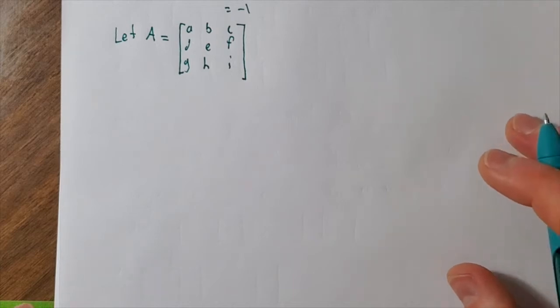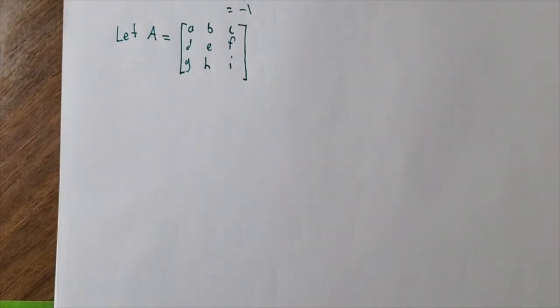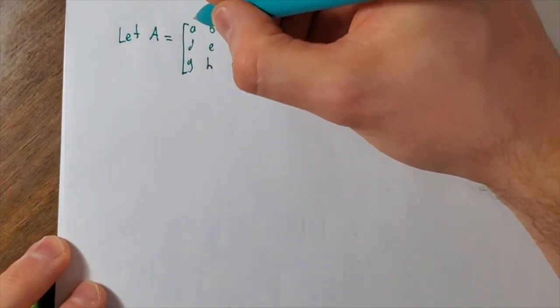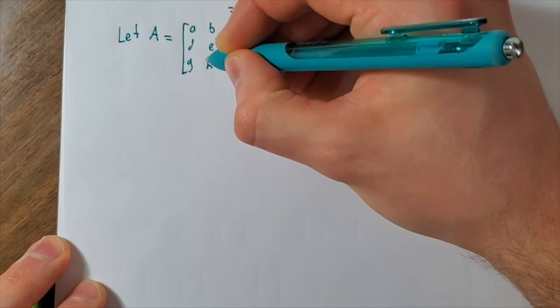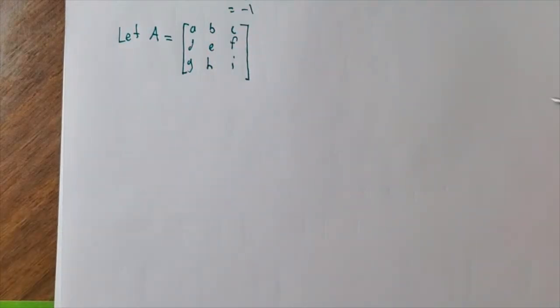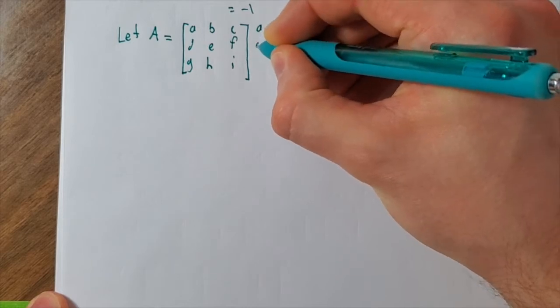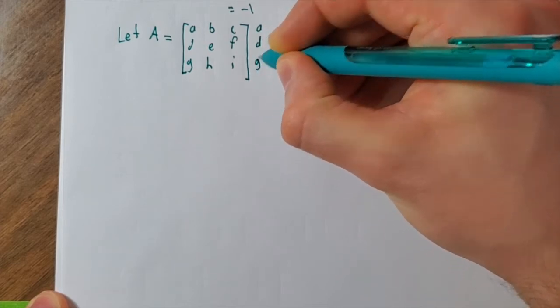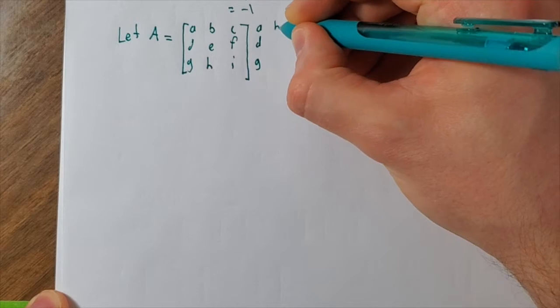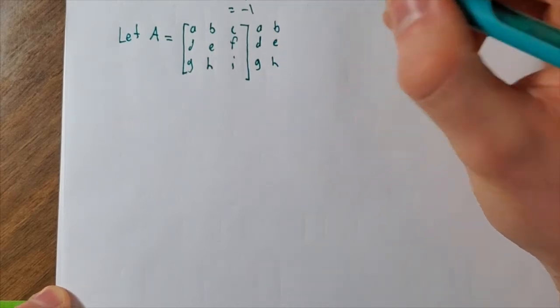All right, now when we've got our 3 by 3, the easiest way to do this is to take our first two columns and we're going to recopy them over. So a, d, g, b, e, h.